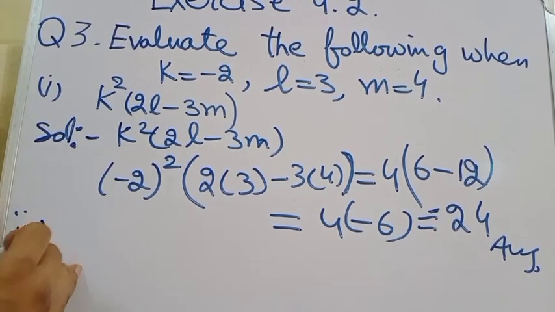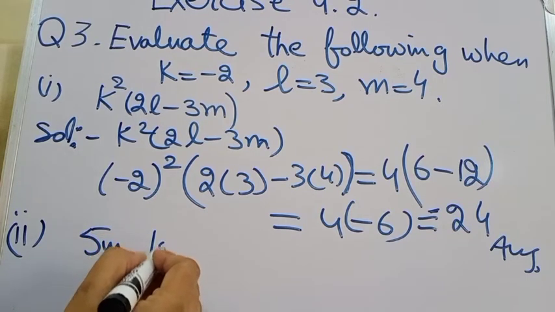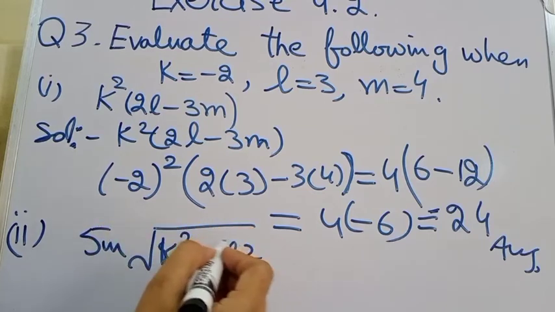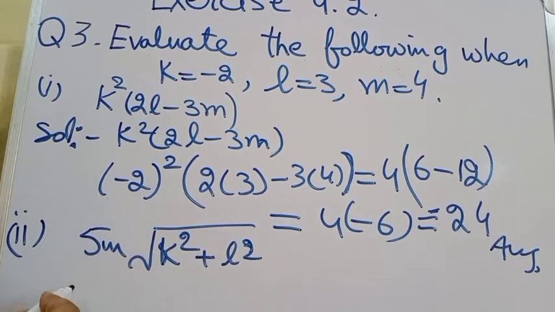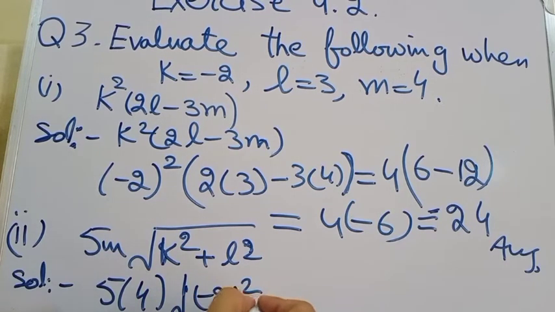Second part, 5m into the square root of k square plus L square, minus m. m is 4 into k is -2 whole square plus L is 3.